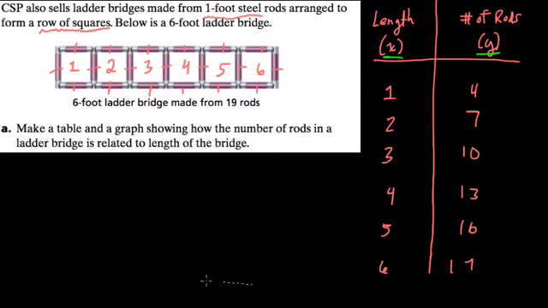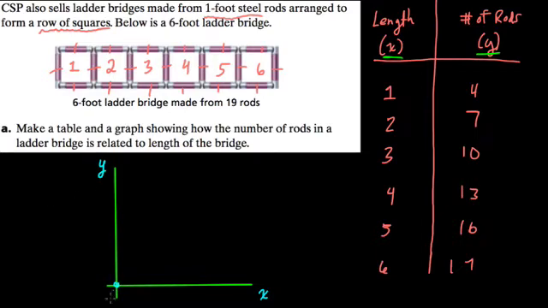So on our graph, we have an x-axis and a y-axis. And we just define the x-axis as the length. So x here is the length of the bridge. And again, we're just doing that to say, look at this graph, and you look at the independent variable, the length, and that will tell you what you need in terms of the number of rods for that length.